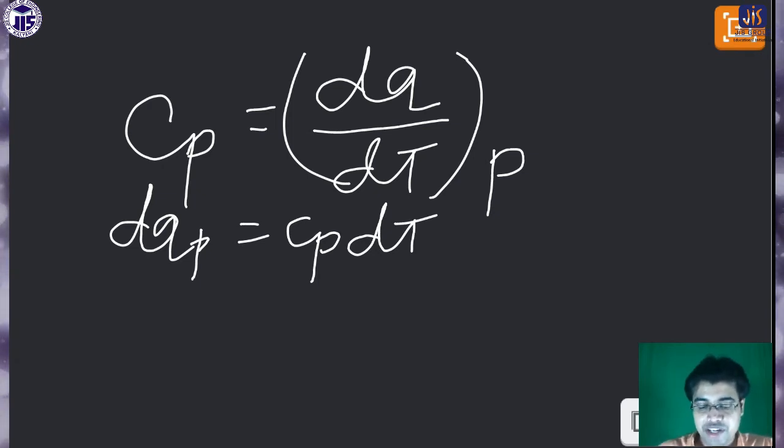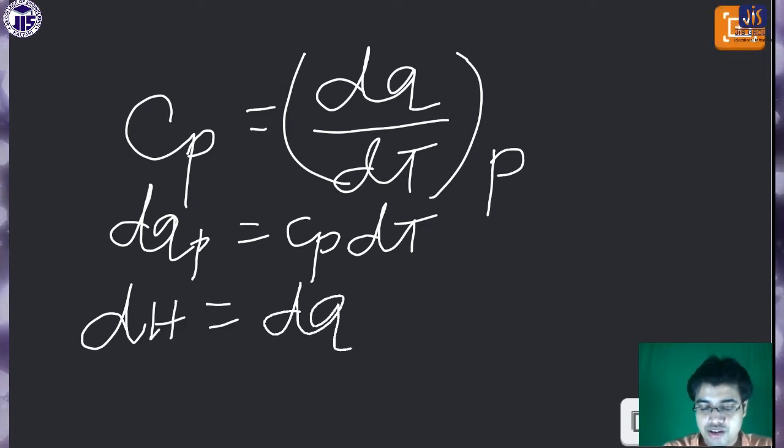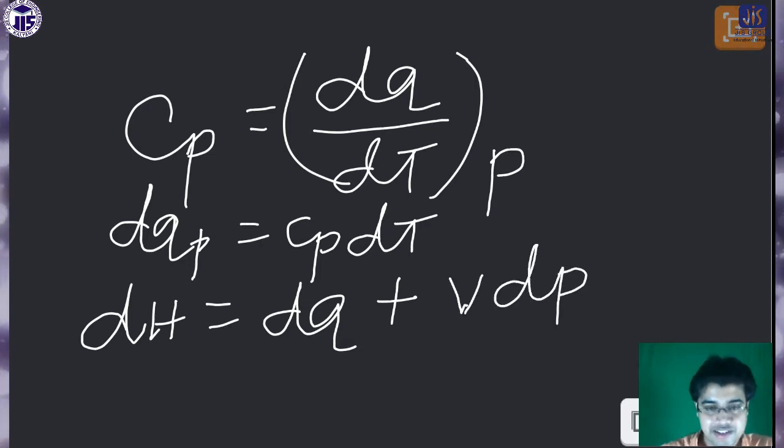If dqp equals Cp dT, then you have to keep in mind another equation, that dH equals dq plus V dP, isn't it? If we follow this equation, it is at constant pressure.